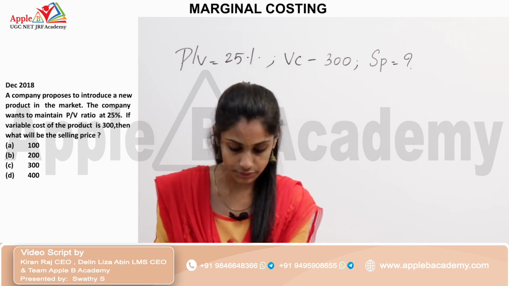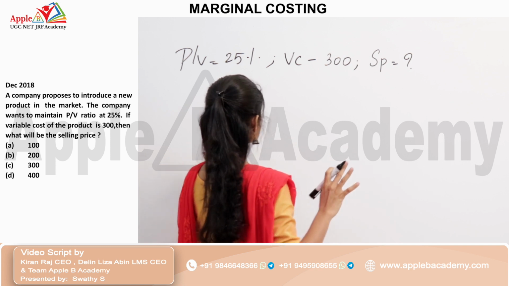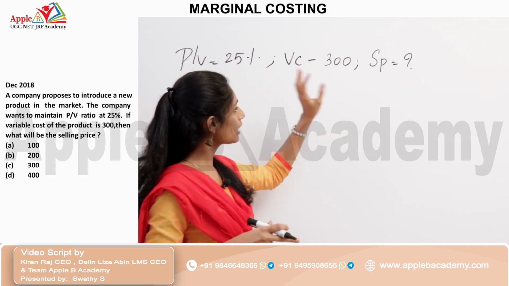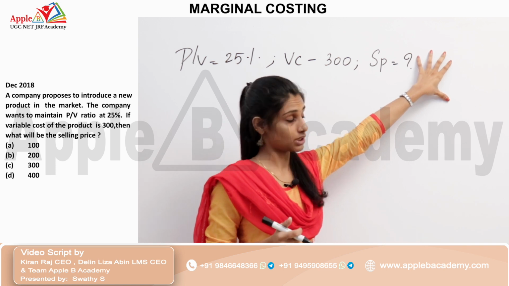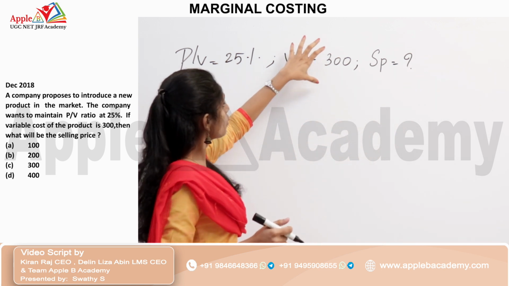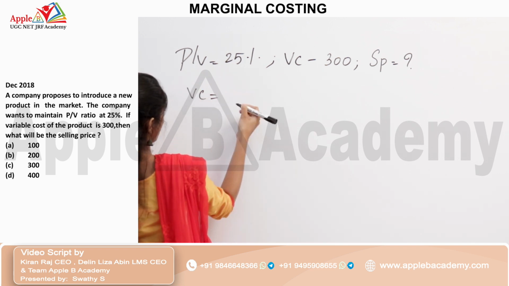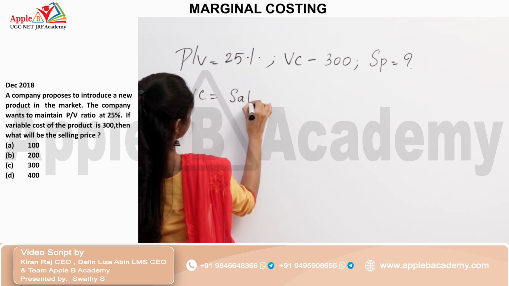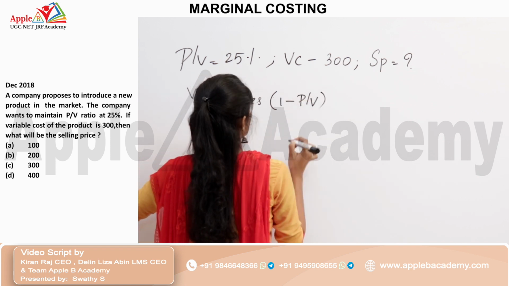When you are going through this question, PV ratio and variable cost are given. How can you connect them with selling price? That is an important thing. The equation is variable cost is equal to sales into 1 minus PV ratio.